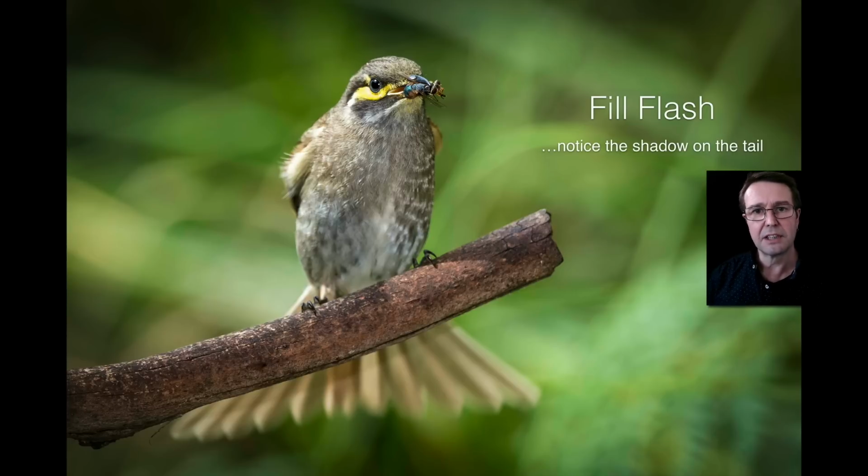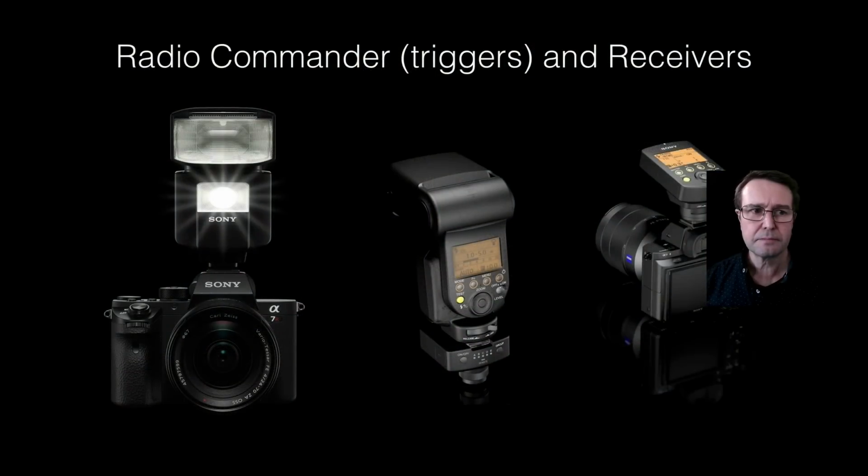Typically I would have the flash compensation dialed down to -1 or -2 stops in this instance, so the ambient light is still the hero in these situations. You could apply the same technique to people in the shadows that you want to create a little bit of a pop of detail, but again, fill flash is usually not my main lighting technique when working with flash.